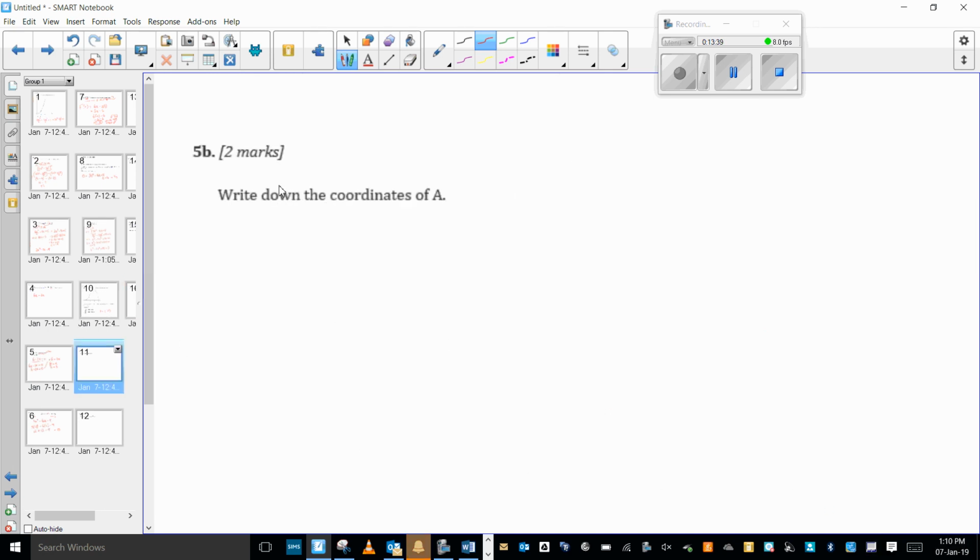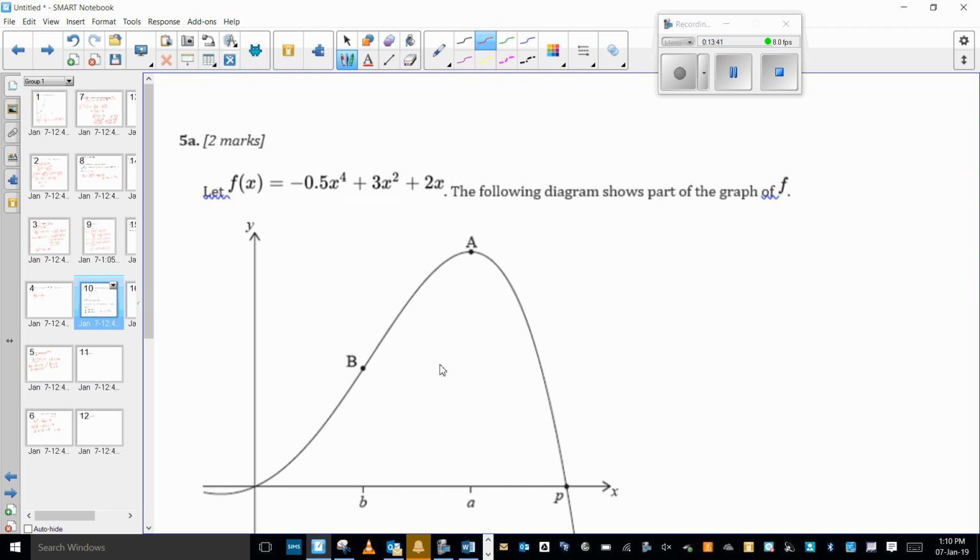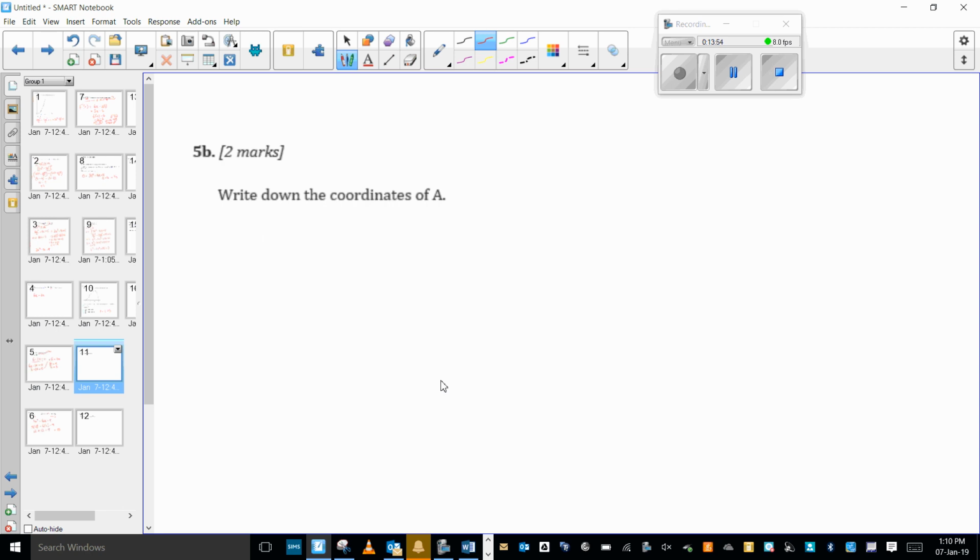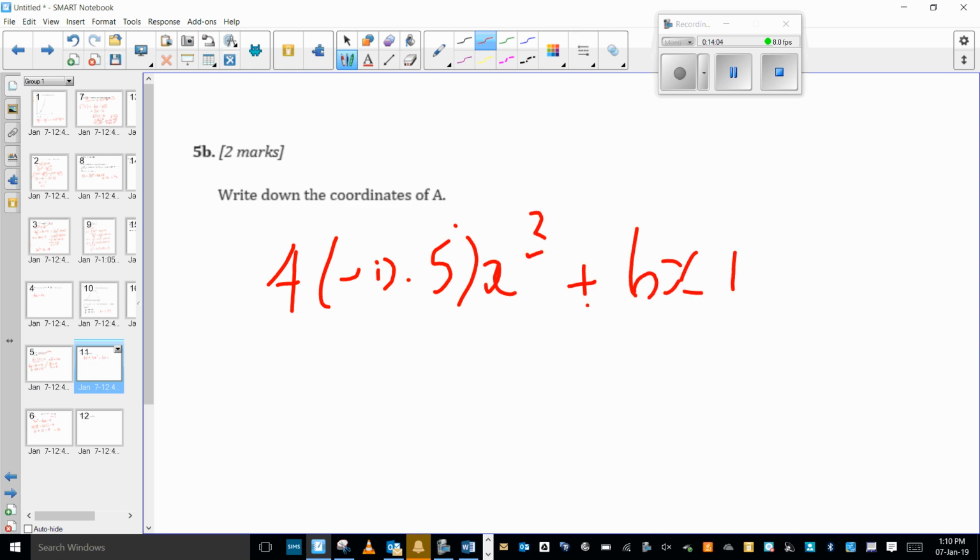5b, write down the coordinates of A. What is A? A is the maximum point. Maximum points occur when the derivative is equal to 0. So we're going to differentiate this and put it equal to 0. We've got 4 lots of negative 0.5x cubed plus 6x plus 2.